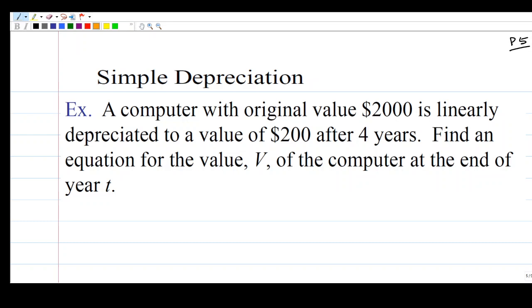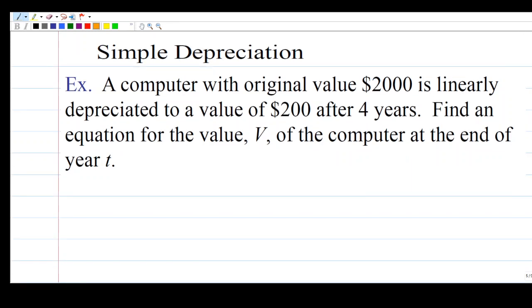We are now looking at page 5 of the lecture outline, simple depreciation. A computer with original value $2,000 is linearly depreciated to a value of $200 after 4 years.